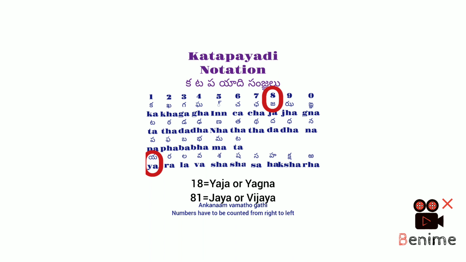And you can also watch the caption here, Ankanam Vamato Gati, meaning numbers should be read from right to left. So number 18 should be read as 81, which associates the 8 with Ja and 1 with Ya, and we get Jaya. I was very surprised to know that Vyasa, when he wrote MahaBharatha, called it Jaya.